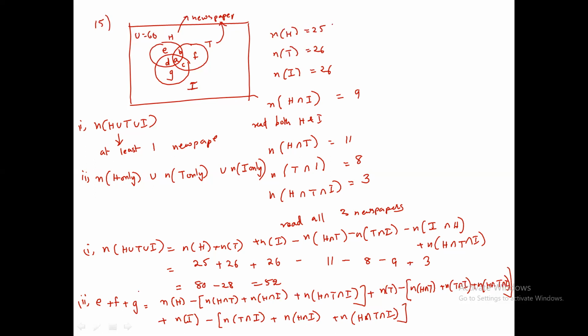But I have to make some changes here. Because, for instance, talking about the first one, if I want only H, then from H I will be subtracting this intersection and this intersection. That means I'm subtracting this A part 2 times. But I have to subtract only one time, not two times.